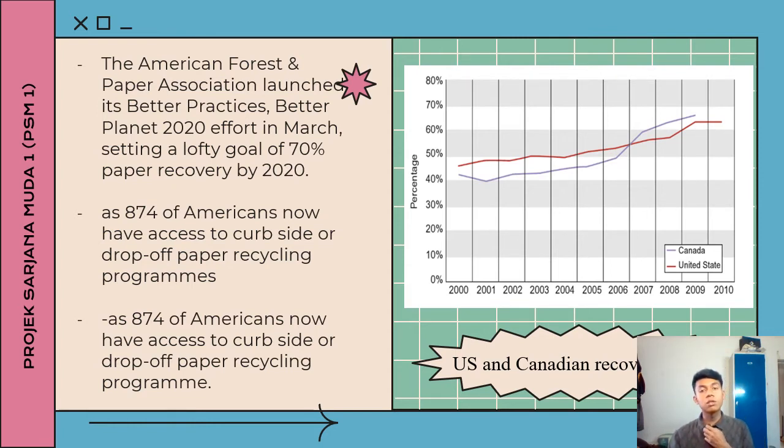Now 87% of Americans have access to curbside or drop-off paper recycling programs. Through this program, they are increasing the places and making it easy for citizens to recycle paper.